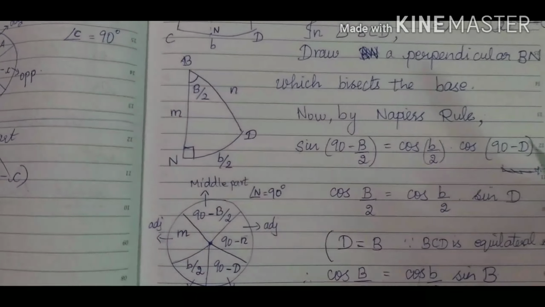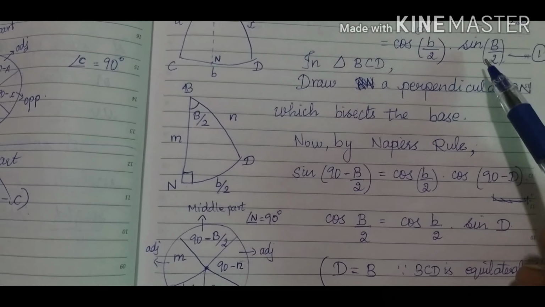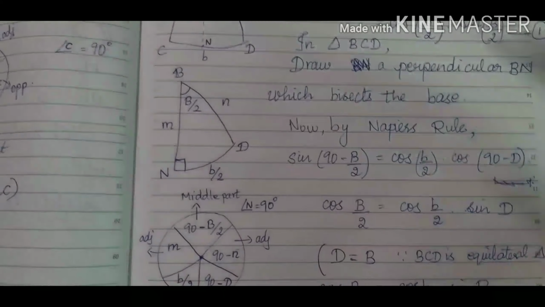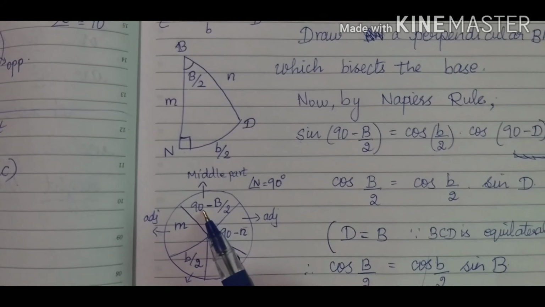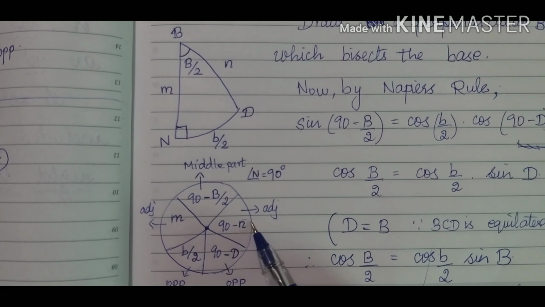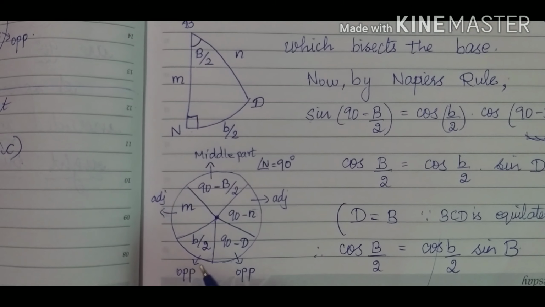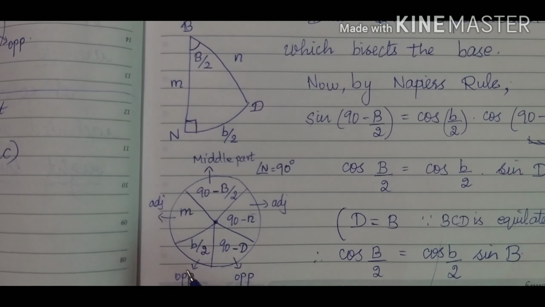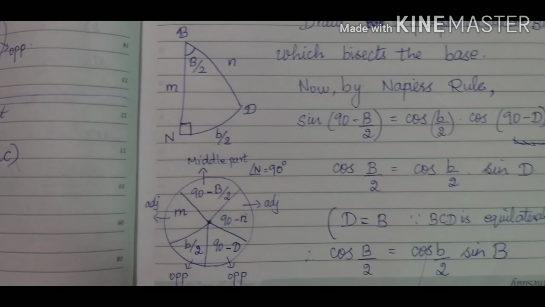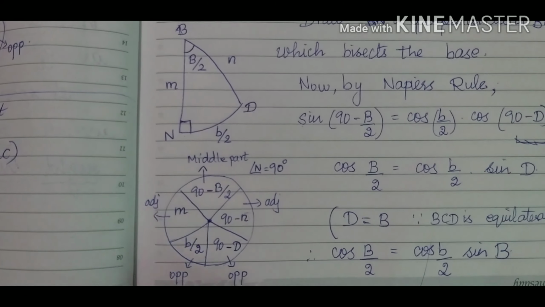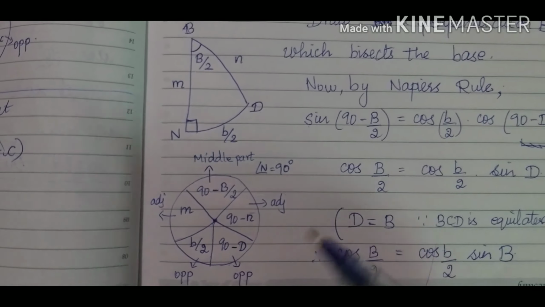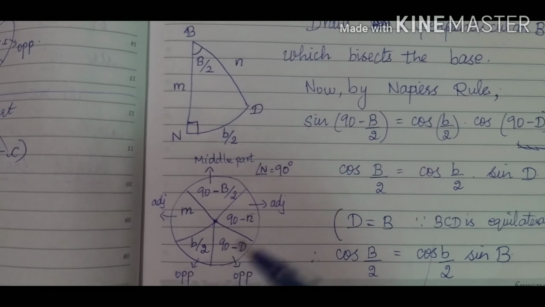Don't just choose anything. See which is relating to our problem. So I have chosen 90 minus b by 2 to be the middle part. Then m and 90 minus n will be the adjacent parts, and b by 2 and 90 minus d will be the opposite parts. Again, while applying Napier's rule, there are 2 rules. Don't just apply any rule you want. You should first see which is relating to our problem.